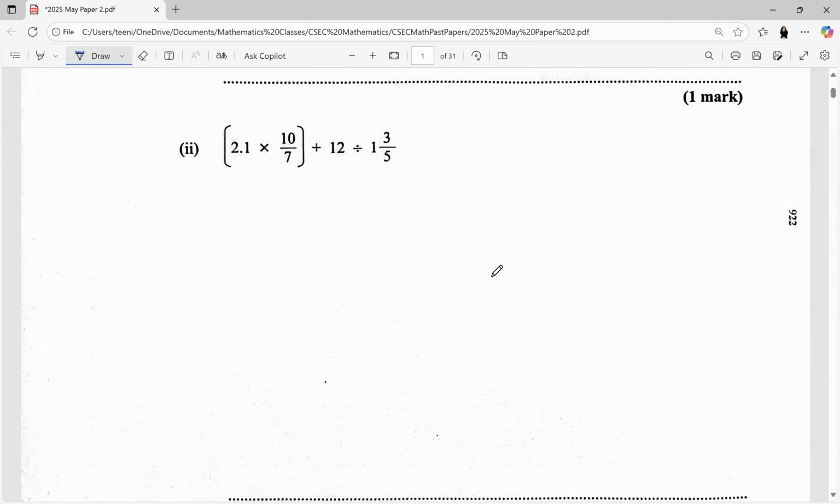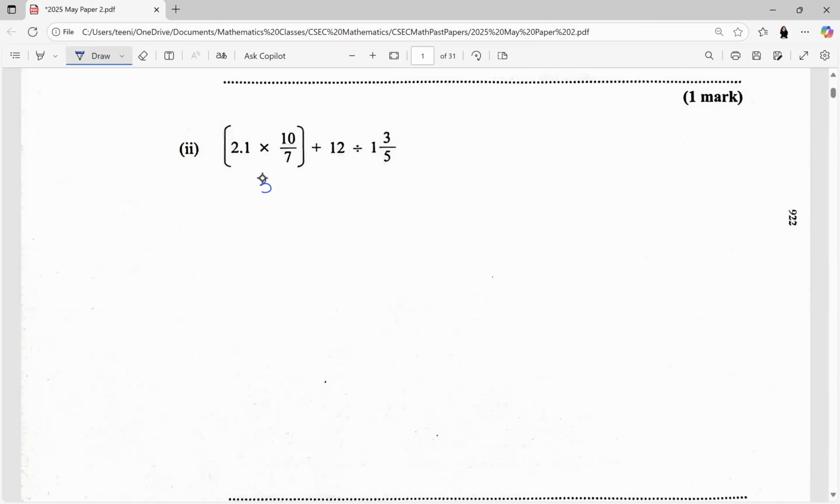Anybody got it? I got 3. What about you, Joshua and Faith? Did you get 3 for 2.1 times 10 over 7? Yes. Yeah, so this part will be 3.